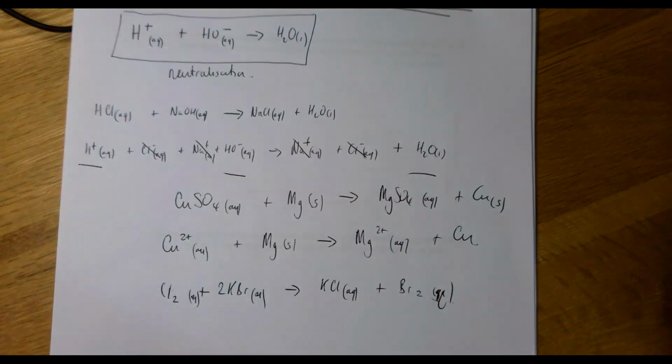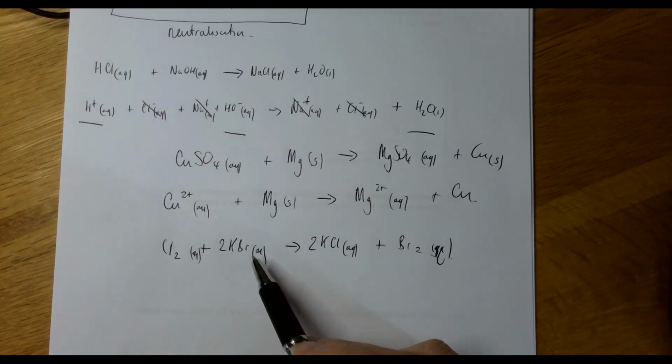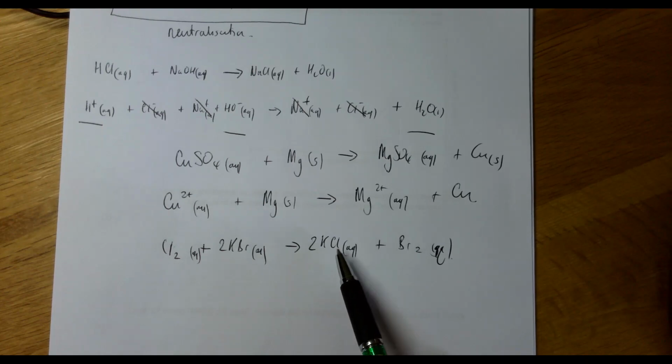But really all that's going on is that the potassium bromide and the potassium chloride are dissolved, which means the potassium ions and the bromide ions, or the potassium ions and the chloride ions, are separated from each other. So the potassium is not changing or doing anything in that reaction.